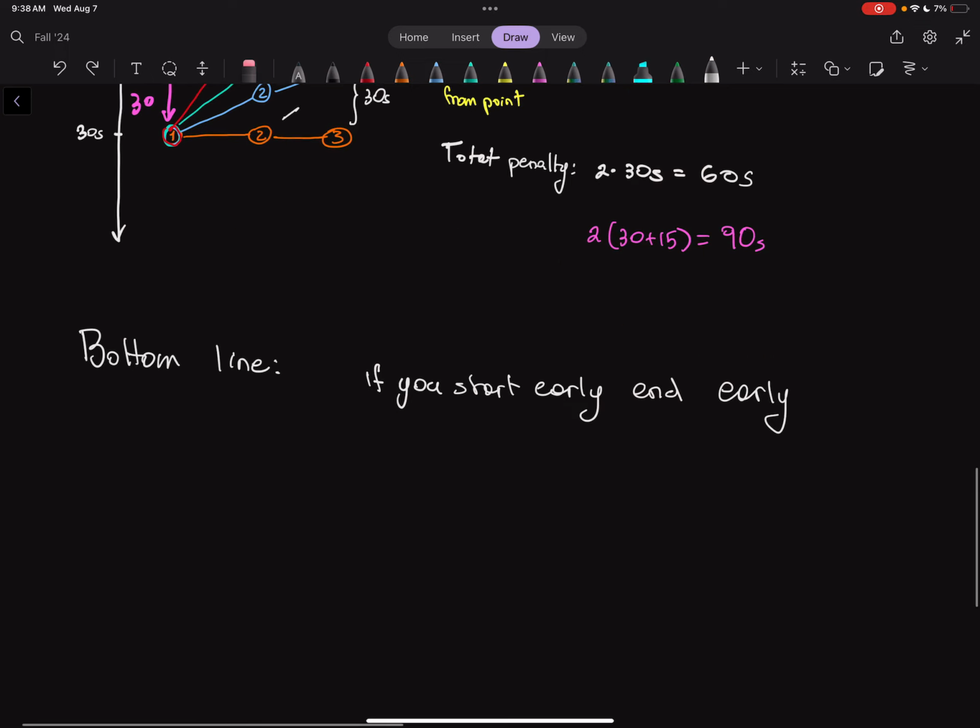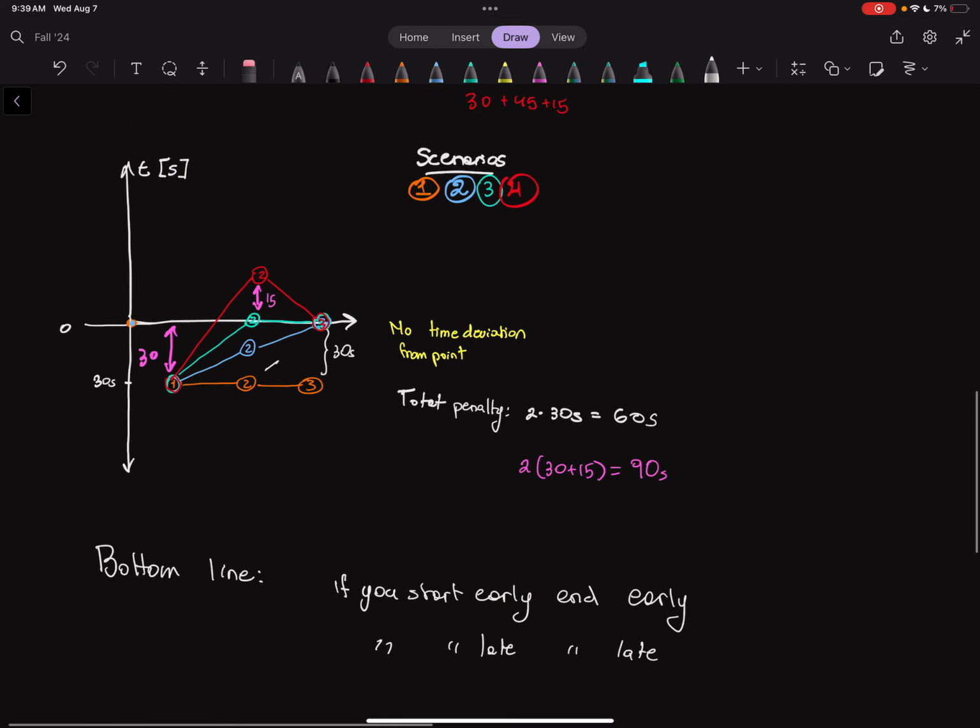And if you start late and late, it doesn't matter how you distribute your lateness, as long as you stay here, you're going to get that same deviation from 0. It could be that scenario, or it could be this. It'll still yield the same result.